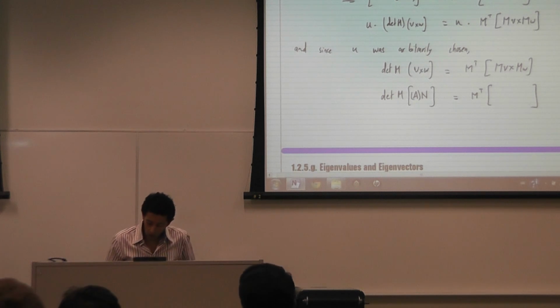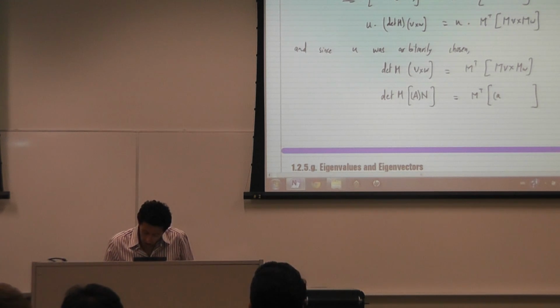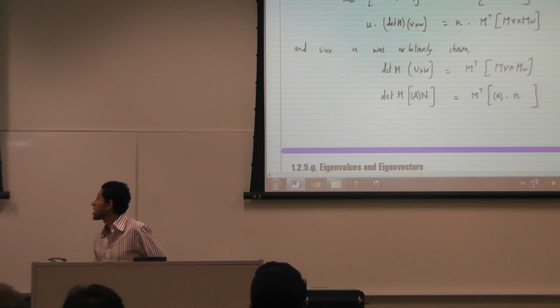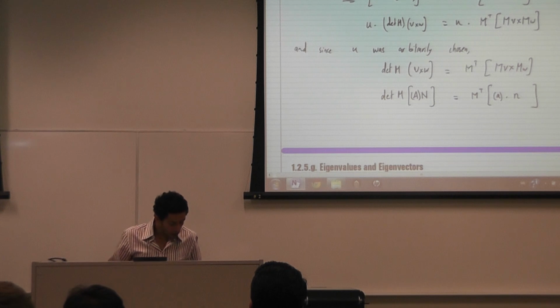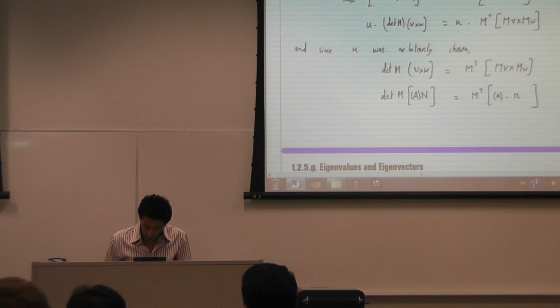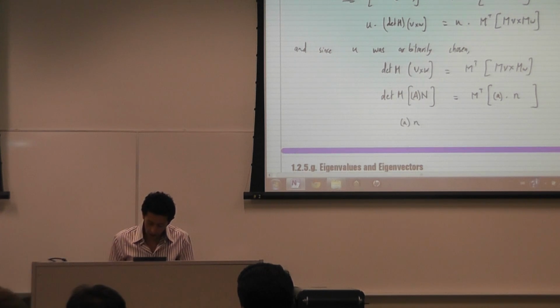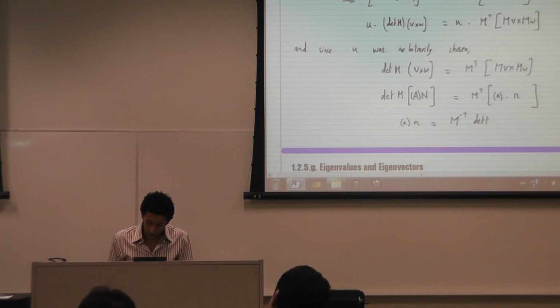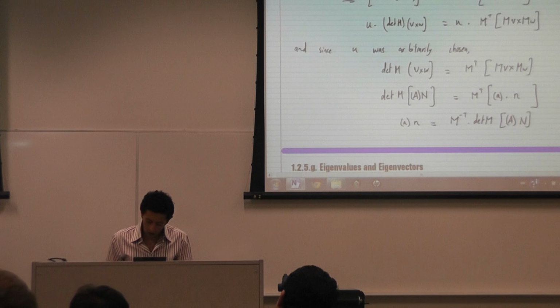MV cross MW is equal to the small a multiplied by small n. And so the relationship between the areas and normals is equal to this. So small a n, the small area multiplied by n, is equal to M negative transpose, the determinant of M, capital A N, and this is called Nanson's formula.